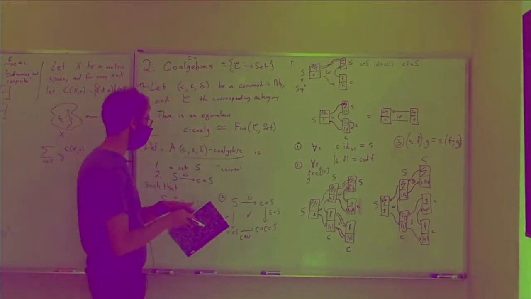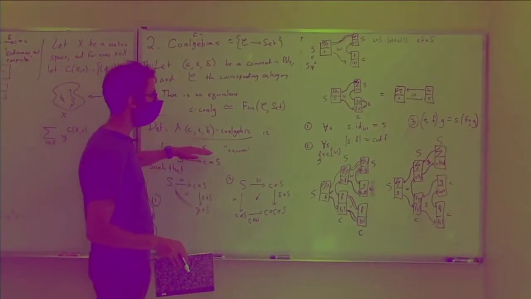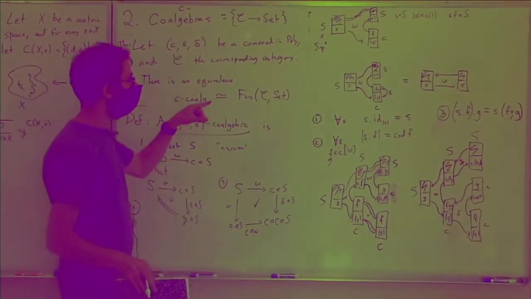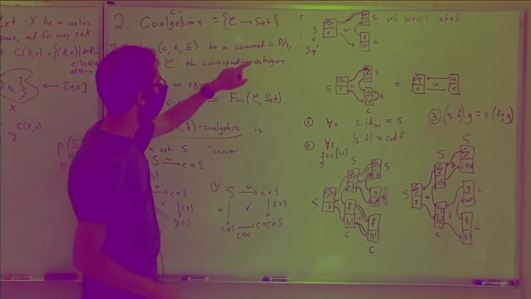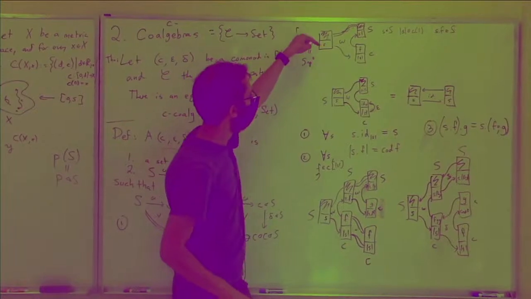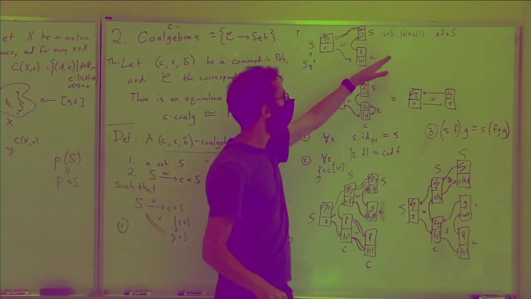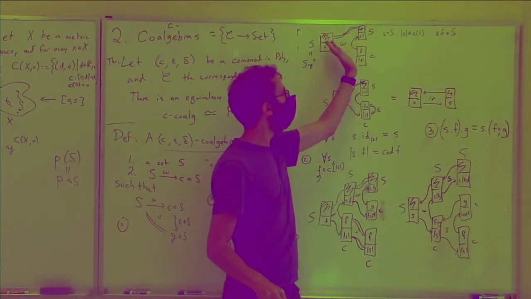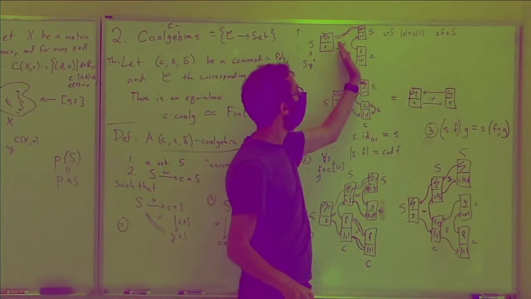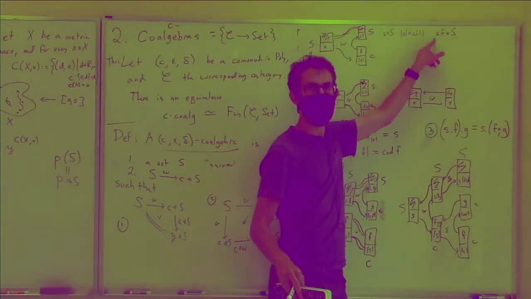A coalgebra, we've determined, is a set S, and for every element of S, an element of C called the absolute value, and a way to take any map out of that object in C and get a new element of S.